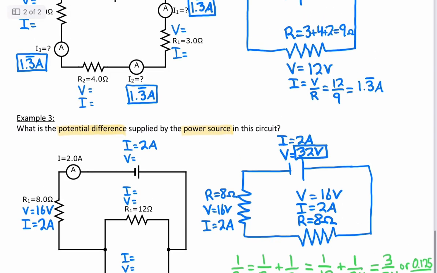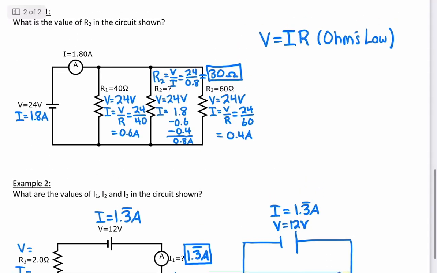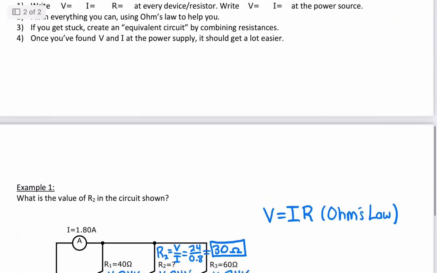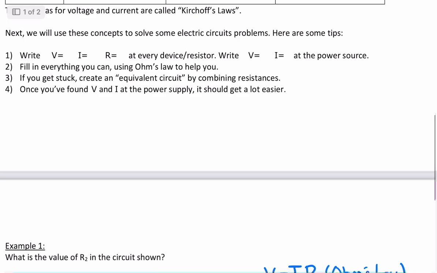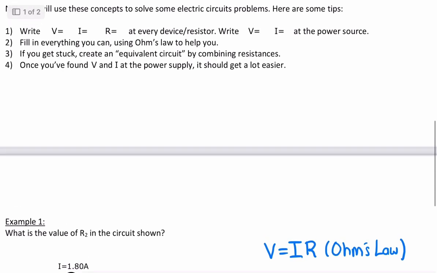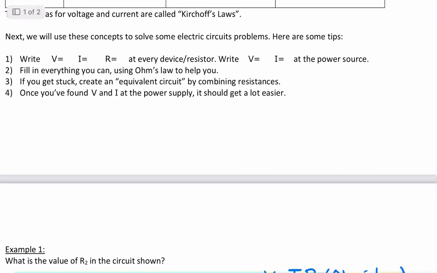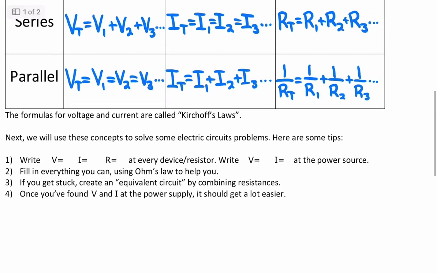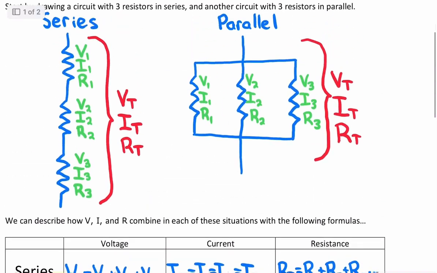So hopefully those examples give you sufficient initial guidance on how to use these 4 steps up here to start to solve some circuit puzzles using Kirchhoff's laws, Ohm's law, and creating equivalent circuits when necessary.